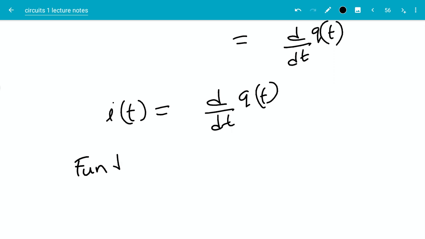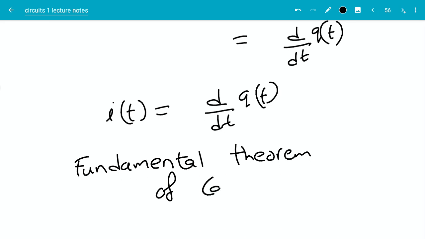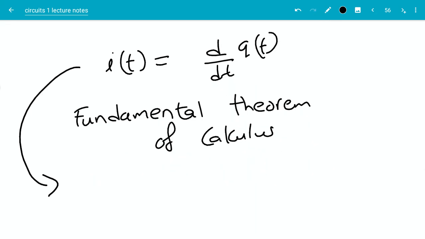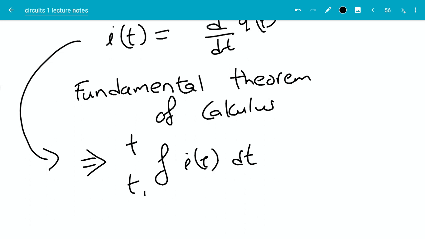Now from here we can use the fundamental theorem of calculus. It implies that the integral of I of t dt from t1 to t2 will be equal to q of t2 minus q of t1.